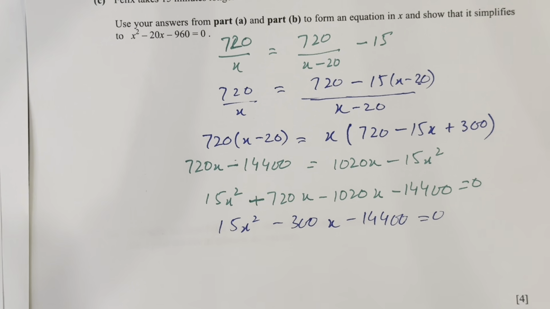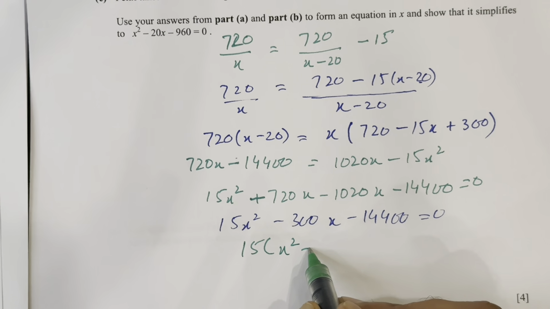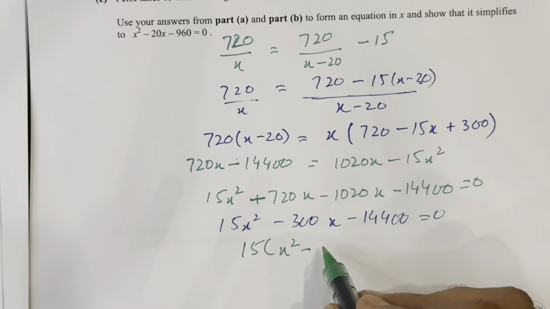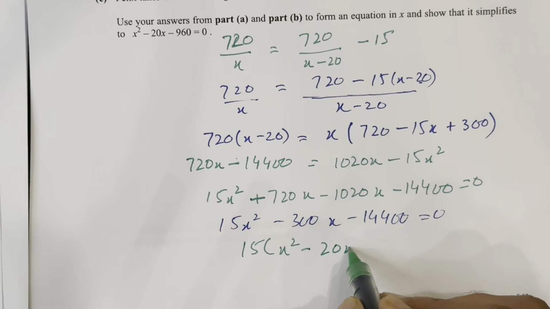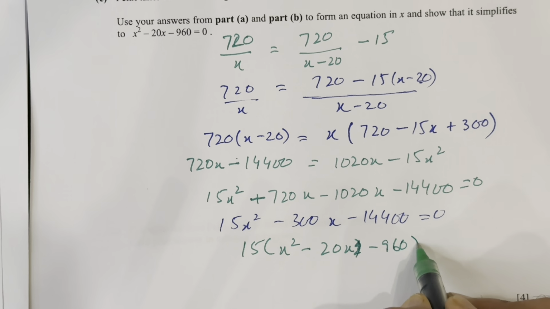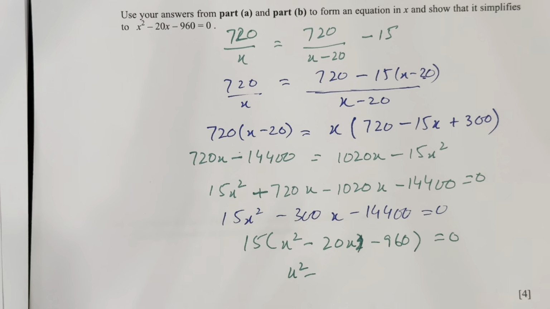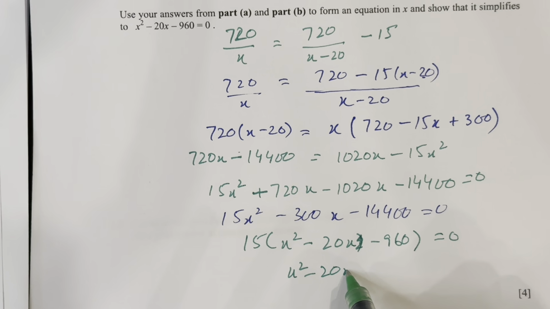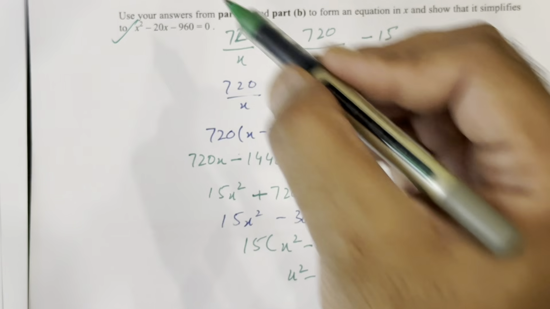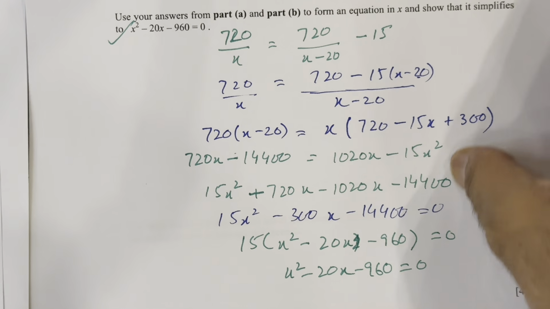Now taking 15 common from here, I'm going to write it like that: 15 times x square minus 20x minus 960 equal to 0. And hence we have proven that x square minus 20x minus 960 equal to 0.